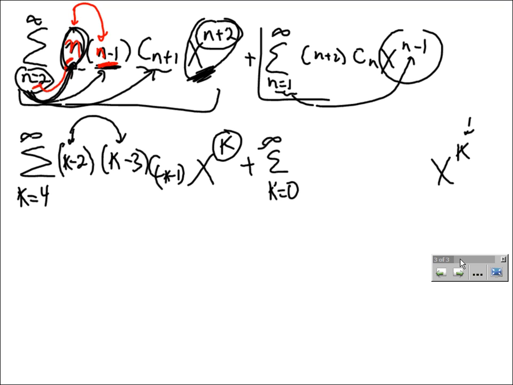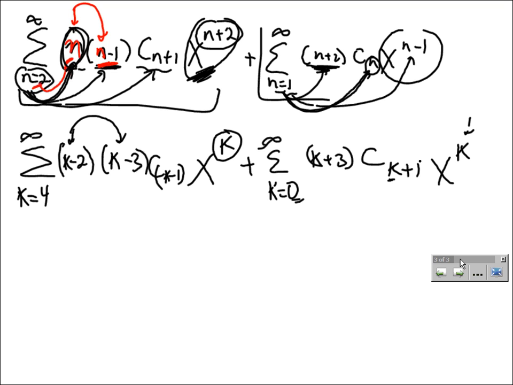Now, for the n plus 2, when n is 1, this will be 3. If k is 0, and I add 3 to it, then it'll be 3. Now the subscript of c. When n is 1, that subscript will be 1. When k is 0, plus 1 will give me my 1.